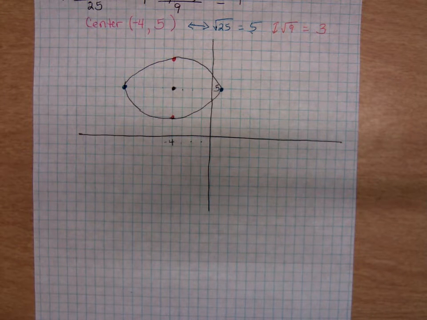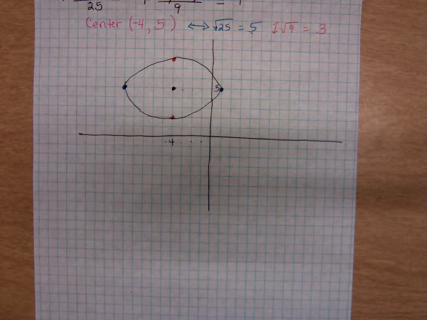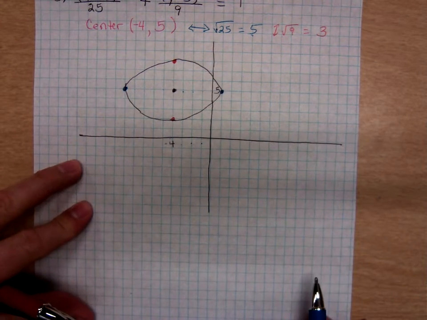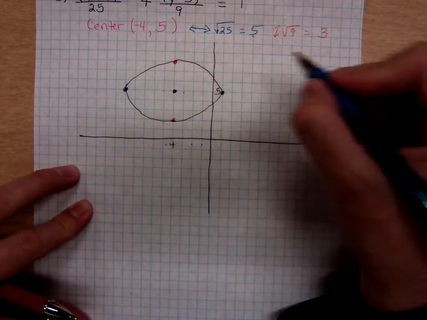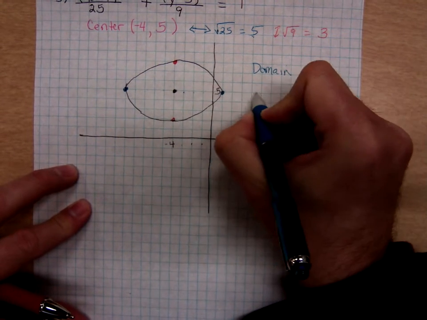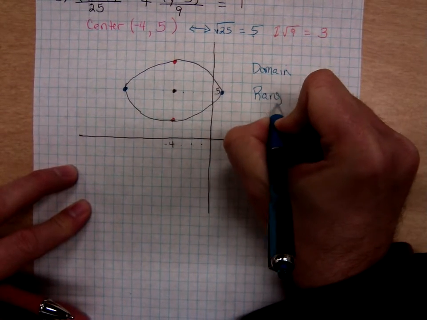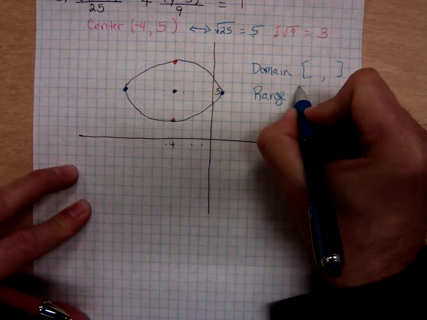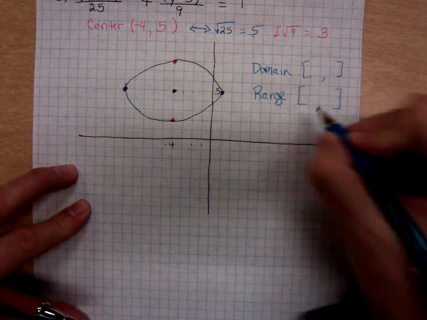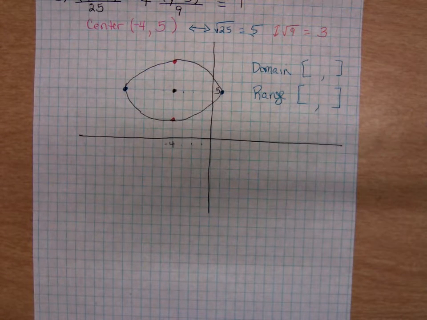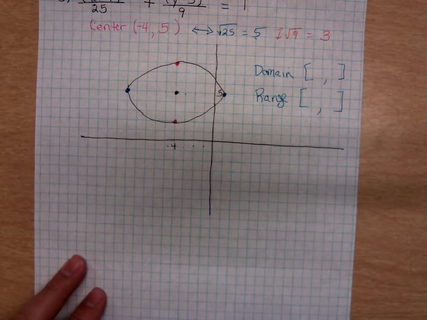Oh, this problem asks, what's the domain and what's the range? I'll show the problem the way I printed it out, but let's go ahead and figure out this domain and range right now. I'm going to put my brackets. I should have labeled more numbers on this x-axis and y-axis.